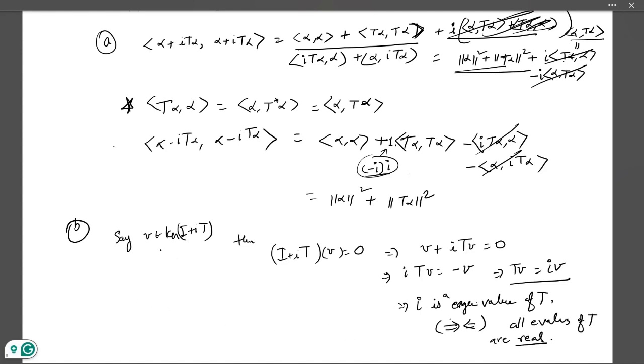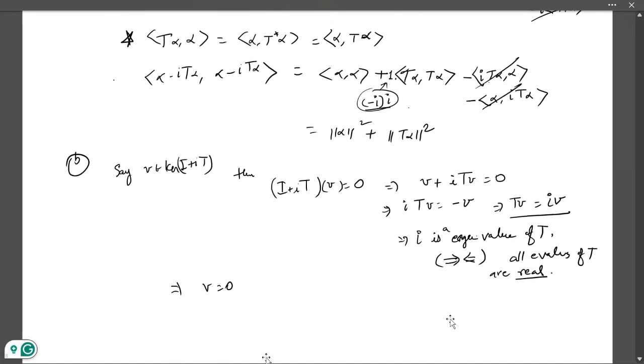This implies that V should be zero. Then only this condition is satisfied. So this calculation shows that V is equal to zero. Hence, the kernel is trivial. Kernel of I plus IT is just zero, and I plus IT is non-singular.